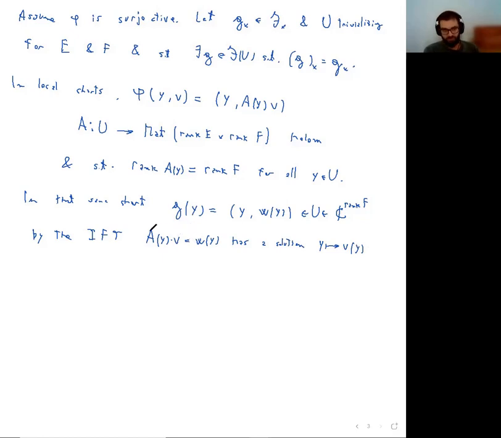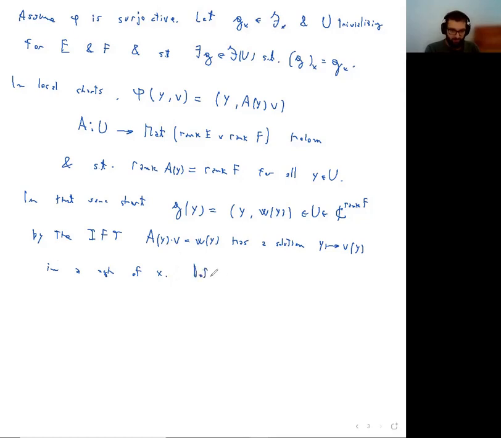So think of this as an equation, and we apply the implicit function theorem to this equation. So when you differentiate with respect to v, what you're left with is this A(y) at its maximum rank. So we have a solution. And this is true in a neighborhood of this point x that we started with.